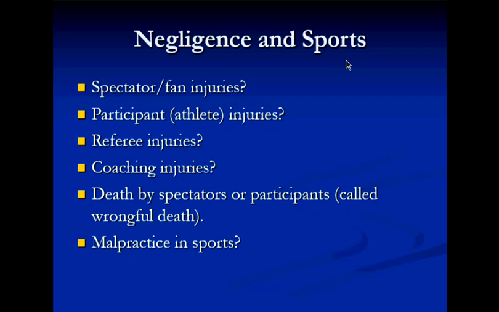So now you may have a malpractice claim against a doctor, a sports doctor, a team doctor. Now, something to keep in mind when you're dealing with negligence in sports is what role does the insurance play in the analysis, if at all? These are some questions you can ask yourself and do some research on after today's session.